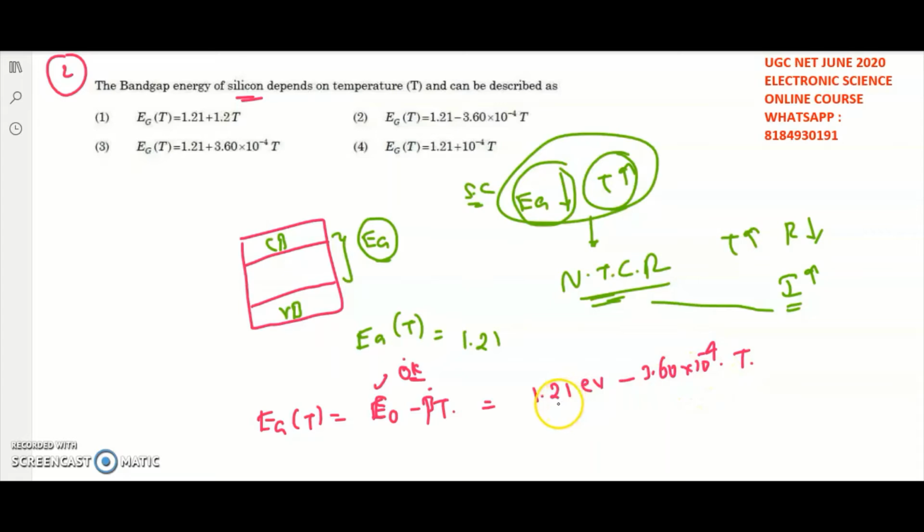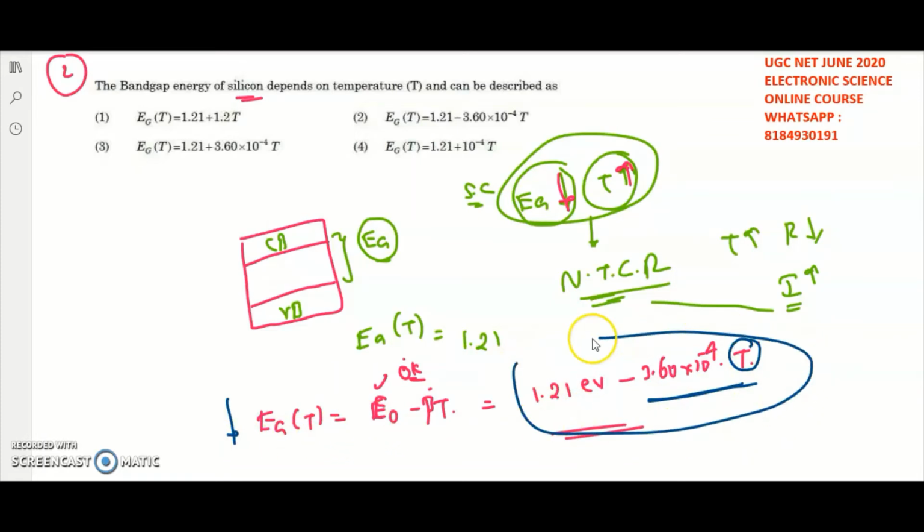Now coming to this equation, Eg of T, as I told, in semiconductors, if the temperature is increasing, then Eg decreases. If you observe this equation, if I'm increasing the temperature, this term will increase. If this term increases, then automatically Eg of T will decrease, right?